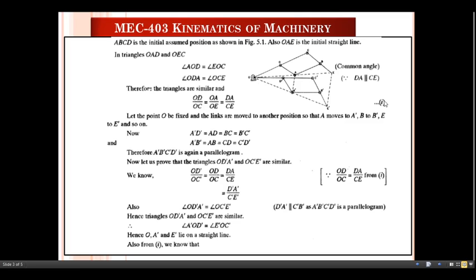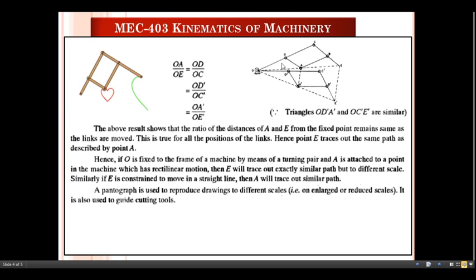Also from relation number 1, we can write OA by OE equals OD by OC.